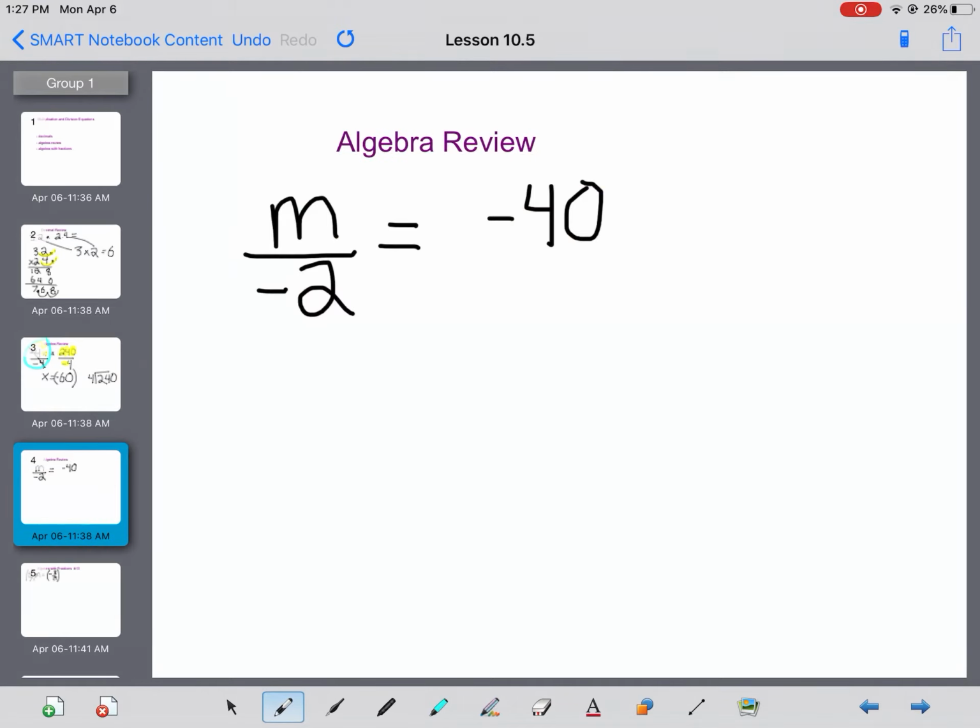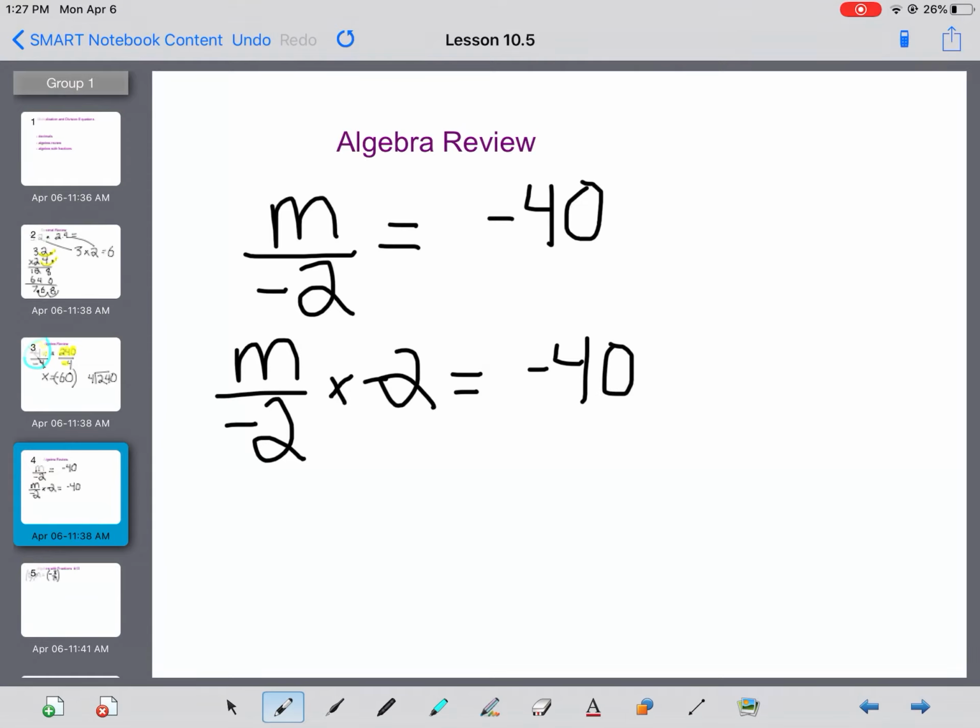All right, let's do a little bit more review. Let's work with when we start with m being divided by something. So here we have m divided by negative 2. So again, the opposite. First you start with what you have. That never changes. This is what I have: m divided by negative 2. The opposite is to multiply by negative 2.